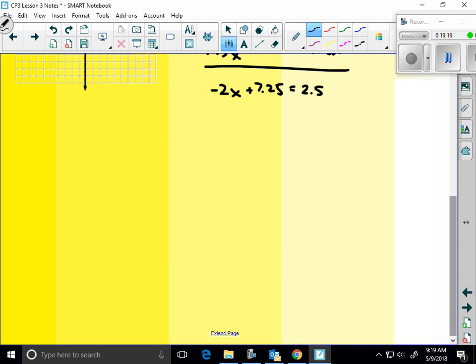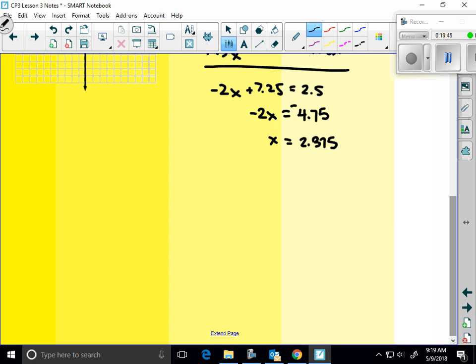How many people just love the decimals in their life? No. Well, this problem really does it for you, doesn't it? Okay, so I'm going to subtract 7.25 from both sides. Oh boy, do I get 4.75? I think negative 4.75. And I'm going to divide that by negative 2. So I'll get a positive value. I think it's 2.375. Ew.